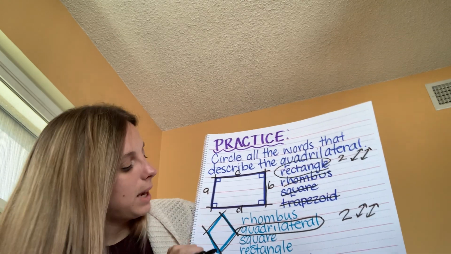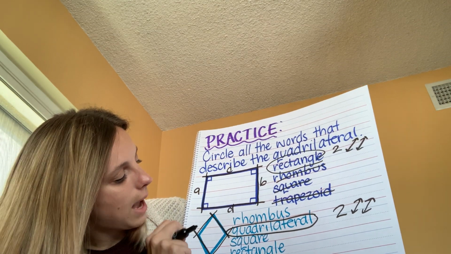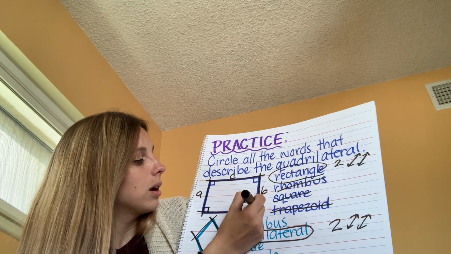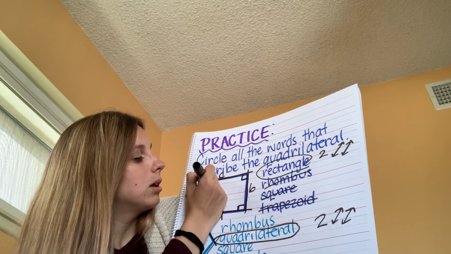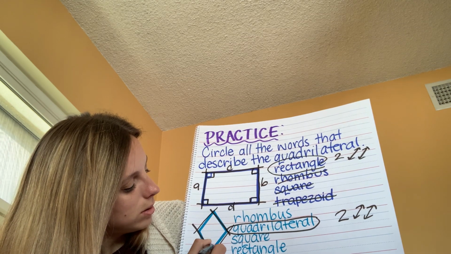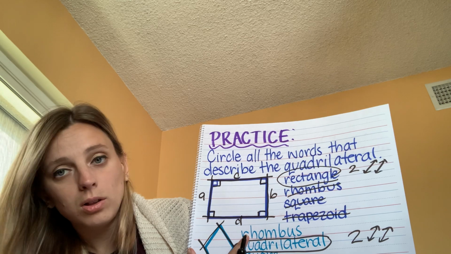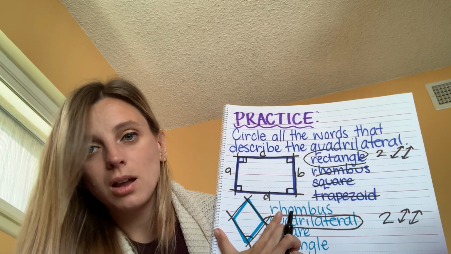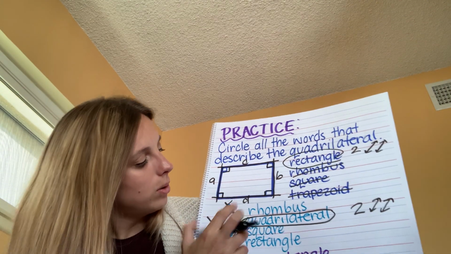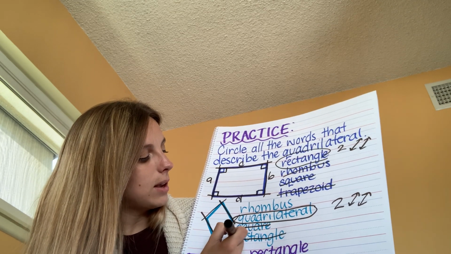Now I have to eliminate some of these other terms. Now, squares and rectangles have these nice square 90-degree angles. So let's look here at this angle. Is that a perfect L-shaped angle or a 90-degree angle? It's not, right? It's an acute angle. So that tells me that it's not a square and it's not a rectangle.